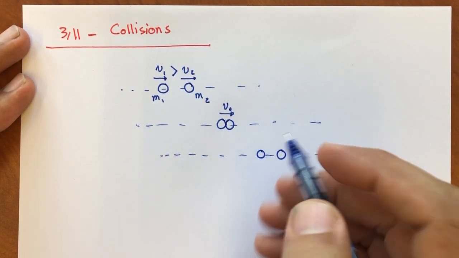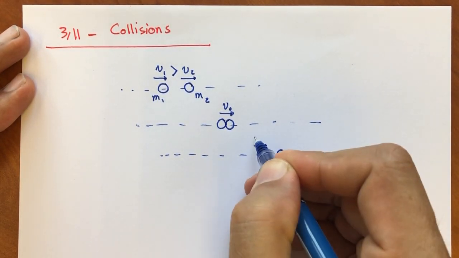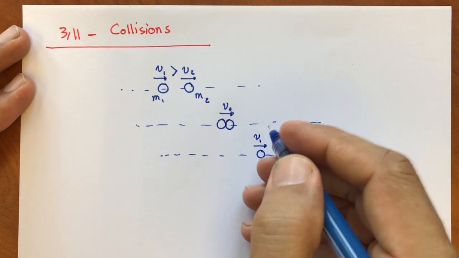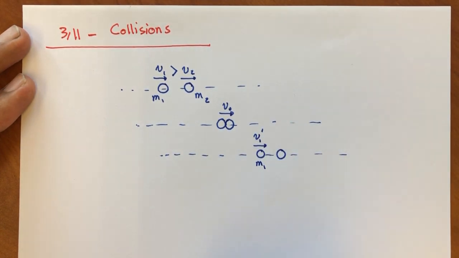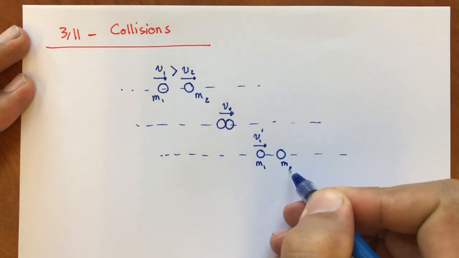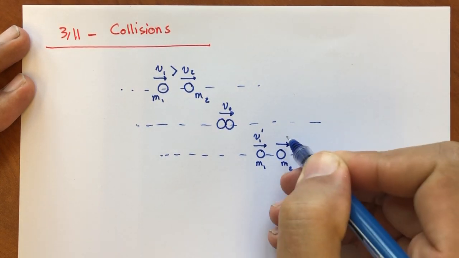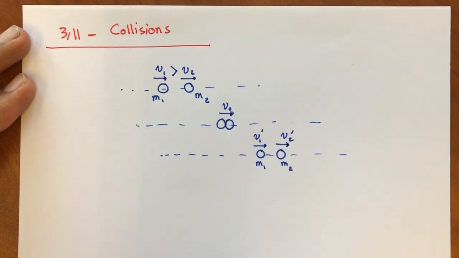And velocity of the first mass is gonna be something else, which I'm gonna call v1 prime. So v1 prime is the velocity of m1 after impact. And velocity of m2 after impact, I'm gonna call v2 prime. So prime means after impact.